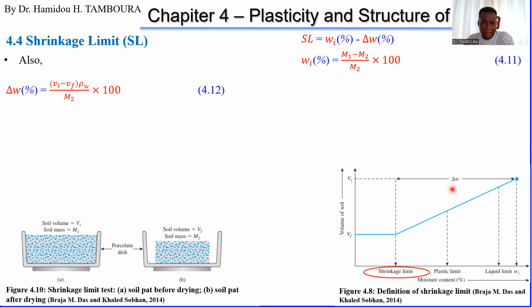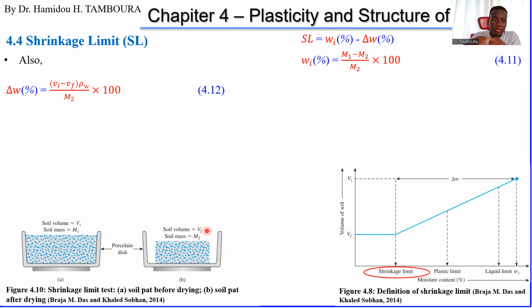How do we obtain that? You just take Vi, the initial volume, minus the final volume. If you do initial volume minus final volume, what you are getting is the volume change, the variation of volume, and it is just the total volume of water, actually.